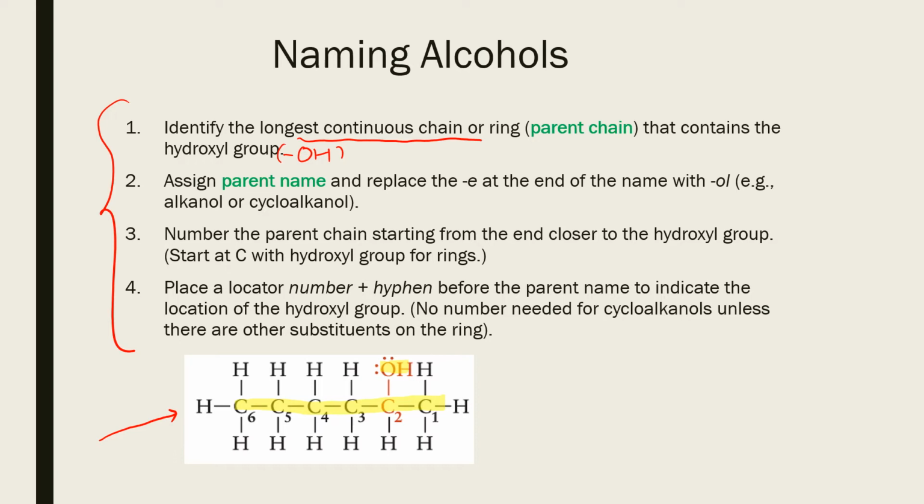The second rule is we assign the parent name and replace the E at the end of the name with OL. So in the example shown, the longest chain is 6 carbons long, and also we make sure that the numbering is done from the side which gives the hydroxyl group the lowest number.